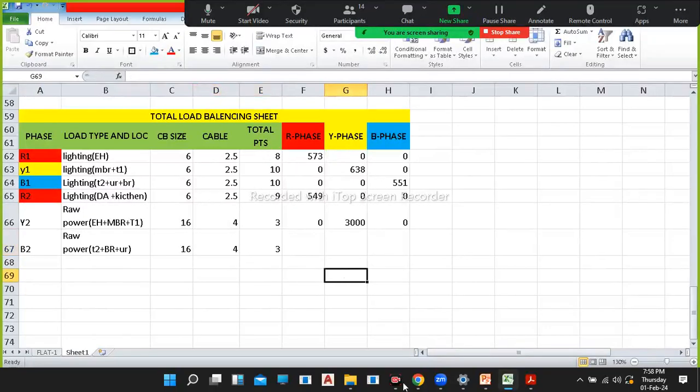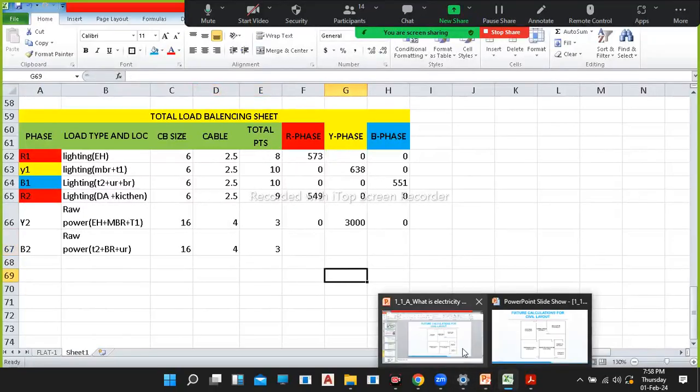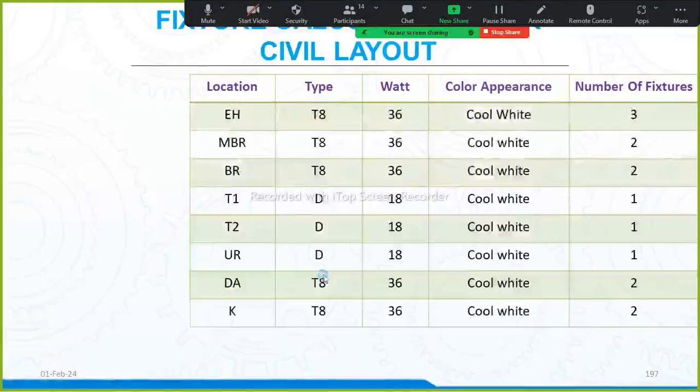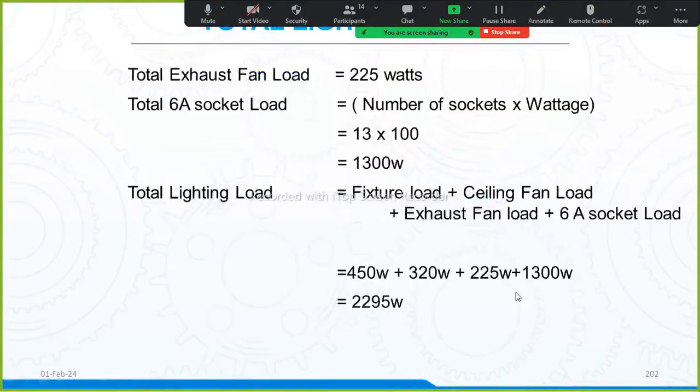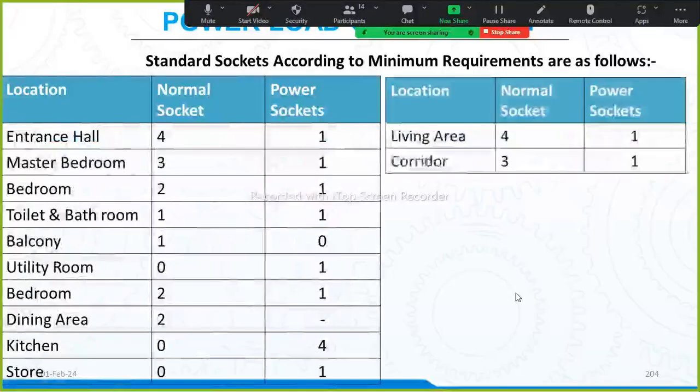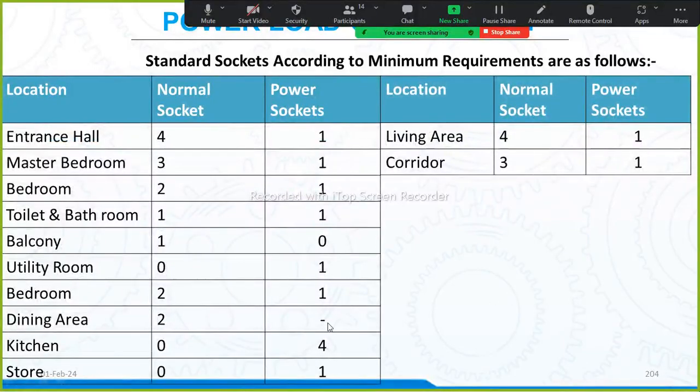Total points are 3 points. Was there a socket in the dining area or not? As per the standard, in the dining area there are no power sockets, only normal sockets. Okay.